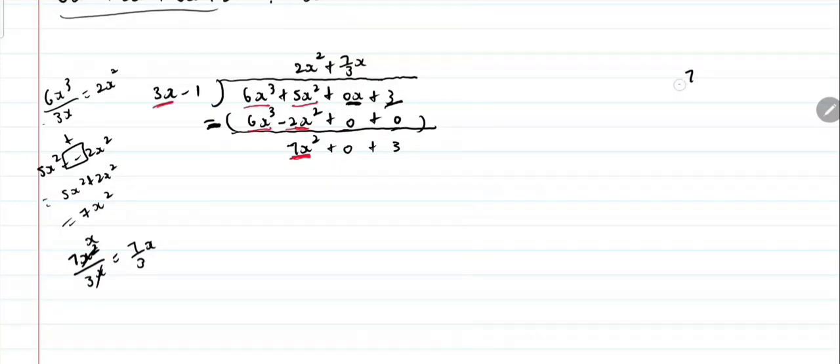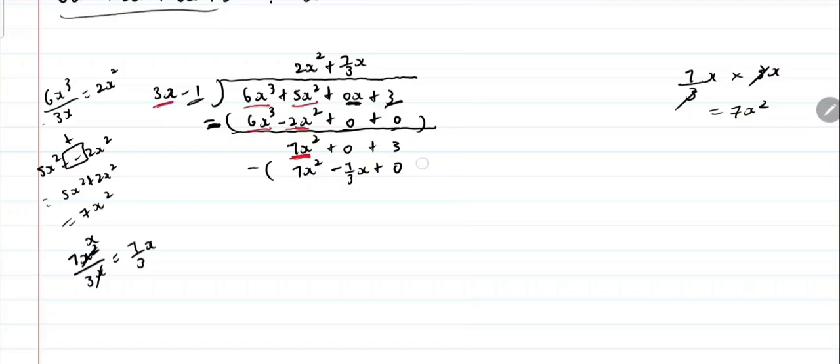Let's write it down. 7 upon 3x multiplied by 3x is going to give me, right? 3 and 3 cancel out to give me 7x squared. Right? So I have 7x squared down here. 7 upon 3x times minus 1 is going to give me minus 7 upon 3x. Right? And I don't have anything else to multiply, so I'm just going to fill the space there with 0.